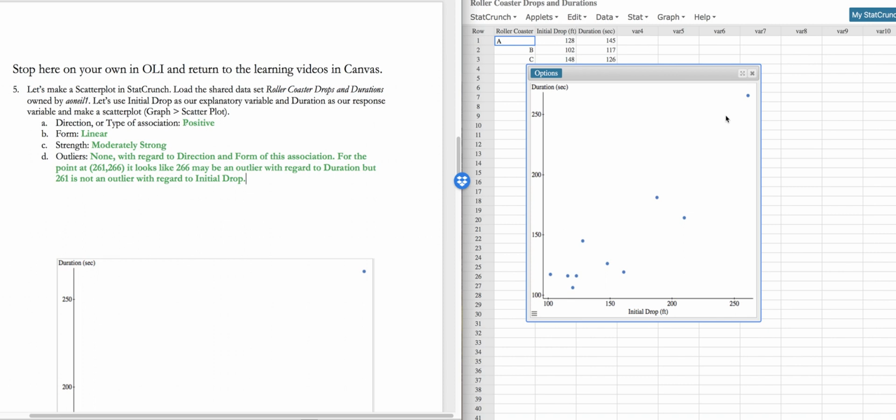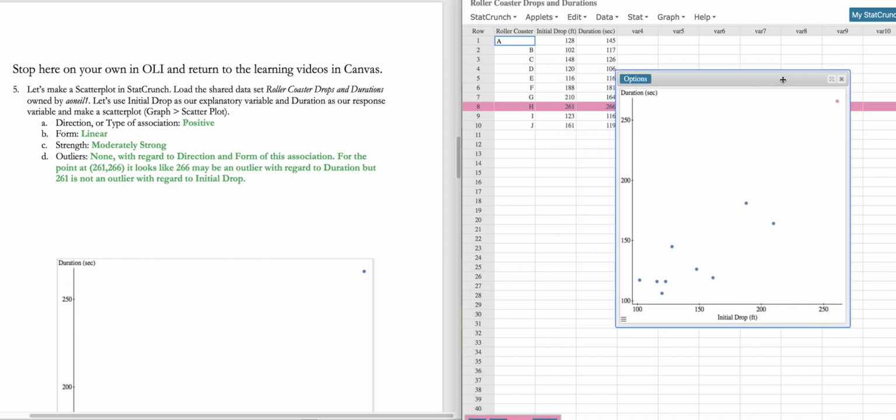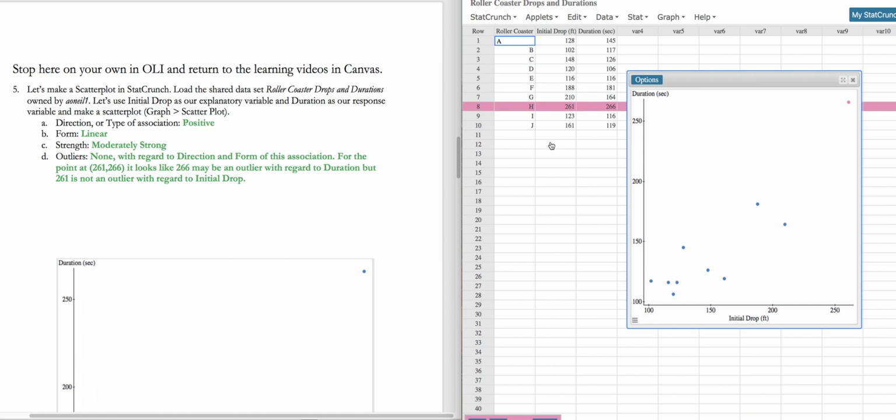Okay, outliers. So this point up here in the upper right, let me click on it there. So that is roller coaster H with an initial drop of 261 and a duration of 266. So certainly it is far away from the rest of the data, but when we're thinking about linear associations, linear correlations, that in itself does not make it an outlier.